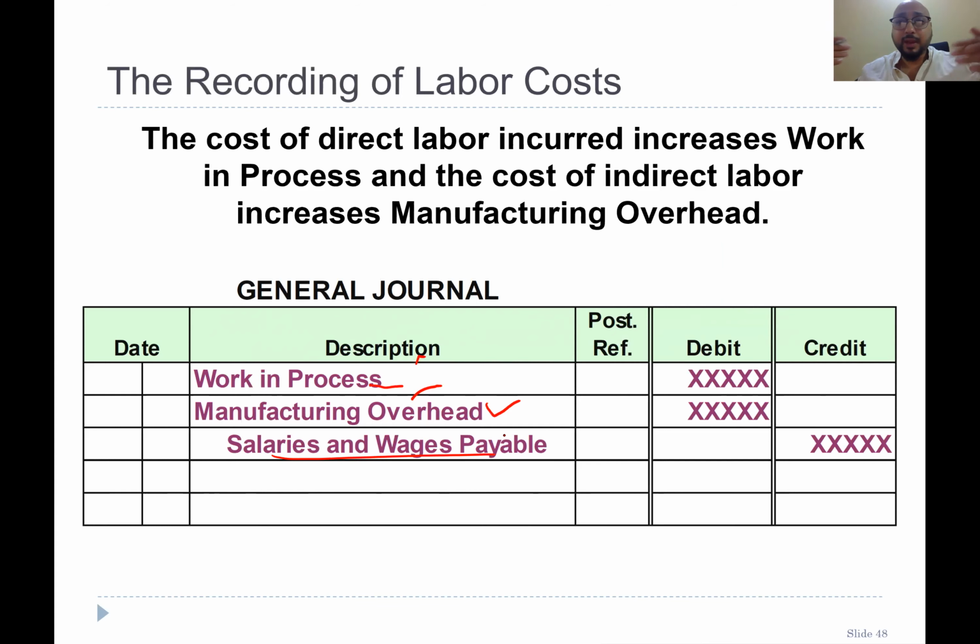Because we didn't pay yet, we will pay later. So increase in liability, credit. Increase in asset, work in progress, debit. Increase in expenses, debit. So the entry would be work in progress, manufacturing overhead to salaries and wages payable, right?